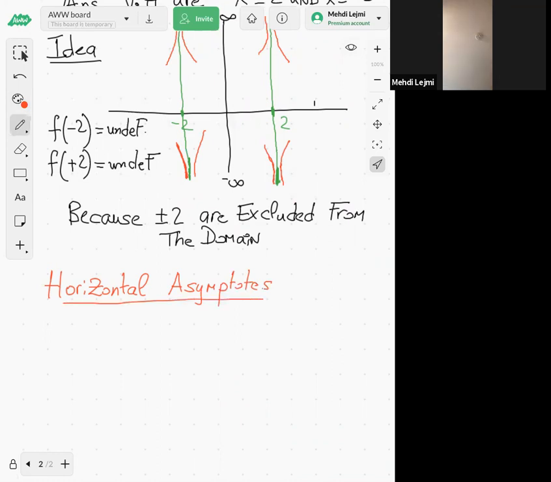Okay, so what's the definition? I'm going to start with the definition, then give you a couple of examples. So first, the definition. What's a horizontal asymptote? Well, it's called a horizontal asymptote, so it's a horizontal line.